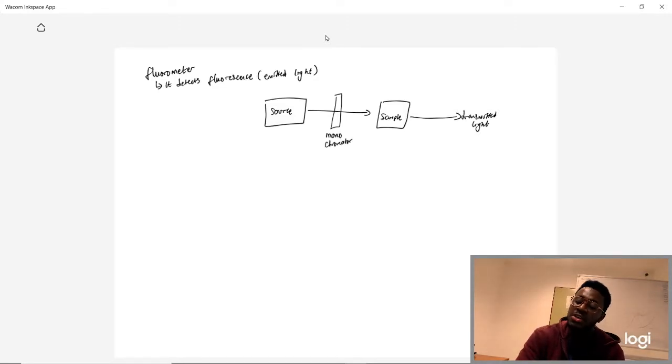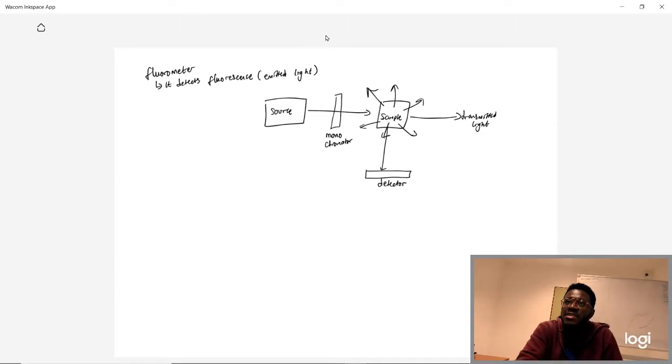You want your emitted light, which goes in every direction, so you have to put your detector 90 degrees away from your transmitted light. It's not because this is the best place to detect the fluorescence, it's just the best place to avoid the transmitted light, because transmitted light is going to be very high intensity compared to the emitted light.